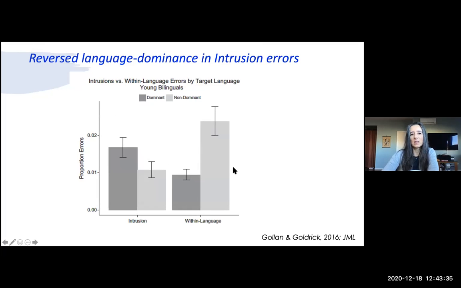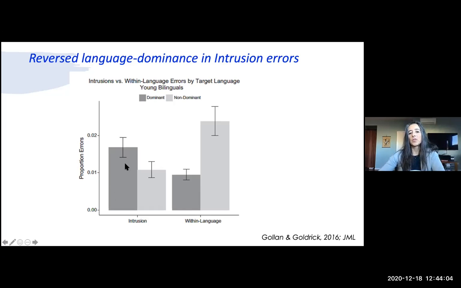Okay, so in this reading aloud task, people rarely, but sometimes produce errors. And this shows you the proportion of errors. Within language errors, like skipping a word and then going back and filling it in, is something that bilinguals tend to do more in the language that's less dominant when they're reading a paragraph and they have to produce words in their non-dominant language.